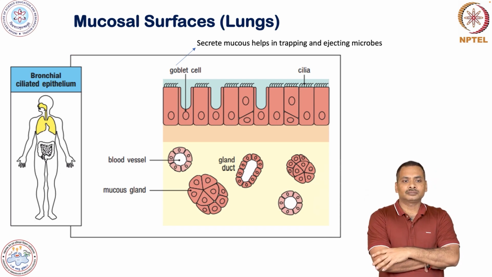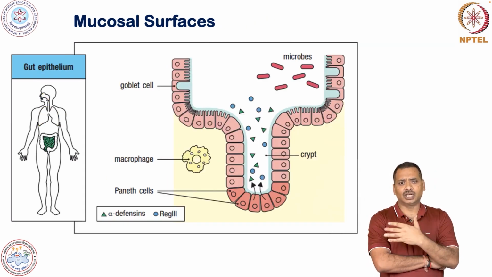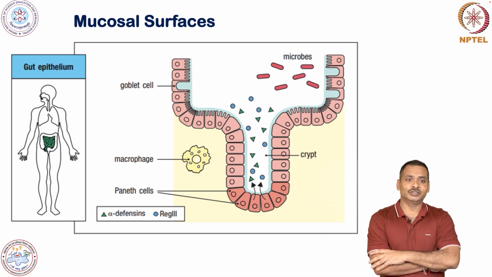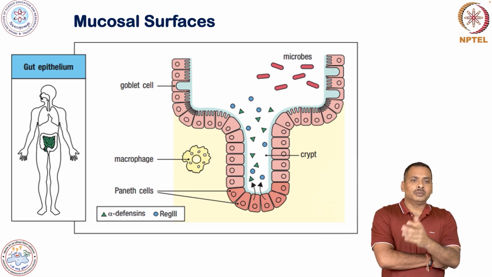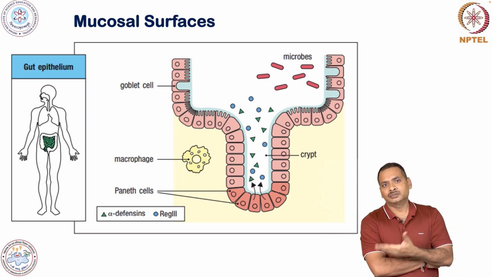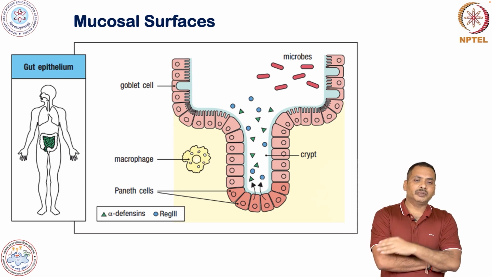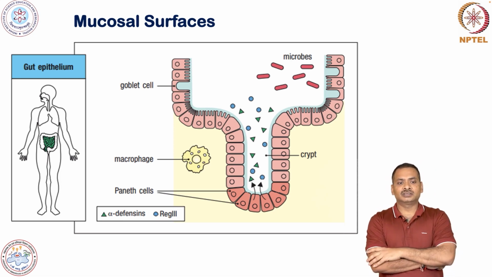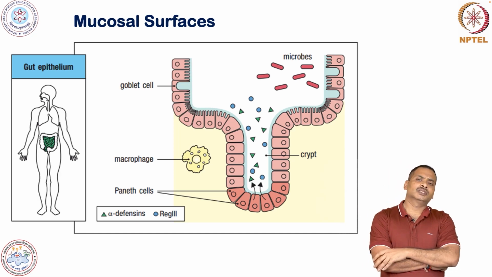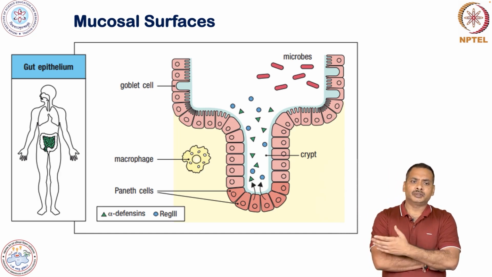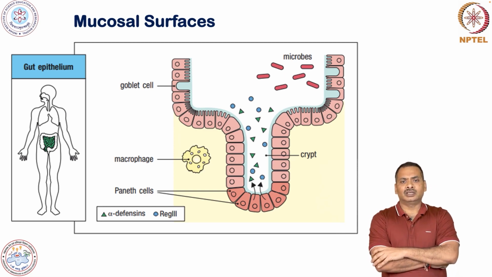Okay, now I will show you the mucosal surfaces in the gut, which is a quite huge area. Okay, here also you can see there are goblet cells, which produce mucus. There is a Paneth cell, and these Paneth cells basically produce a variety of antimicrobial peptides or proteins like alpha defensin, RegIII.